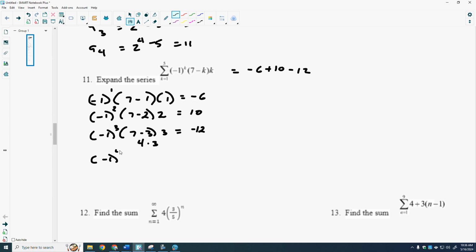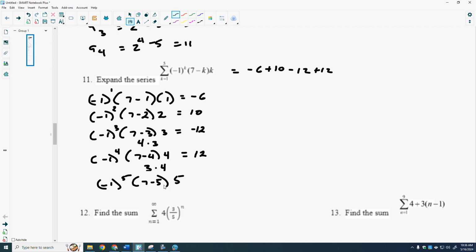-1 to the fourth, 7 minus 4, times 4. This becomes 3 times 4 times a positive 1, because a negative times a negative four times will be a positive 12. And the last one, -1 to the fifth, 7 minus 5, times 5.